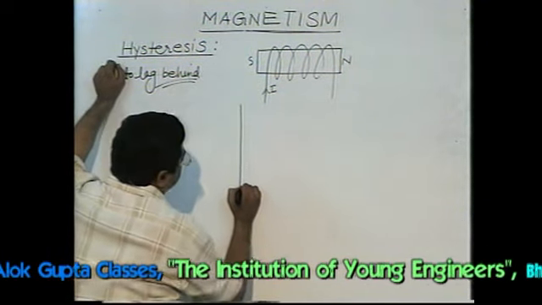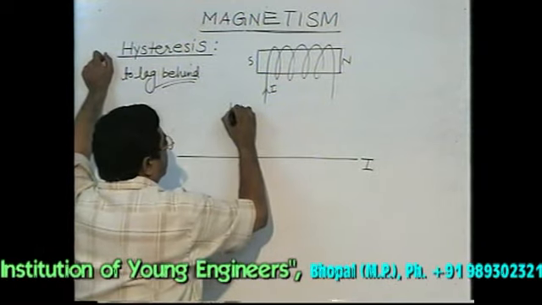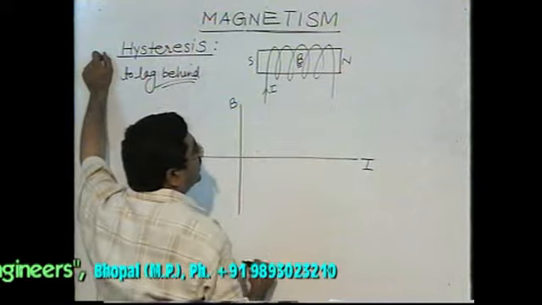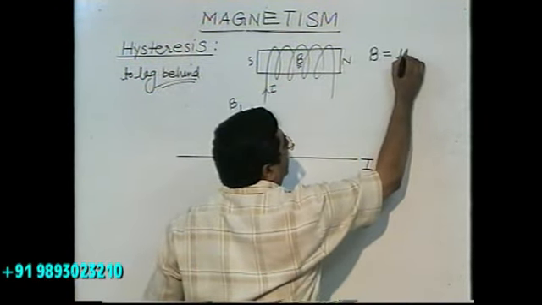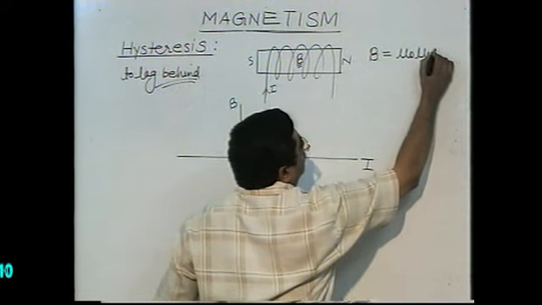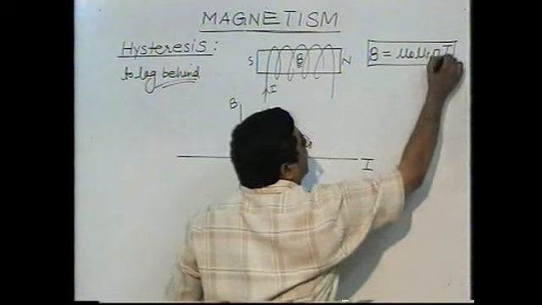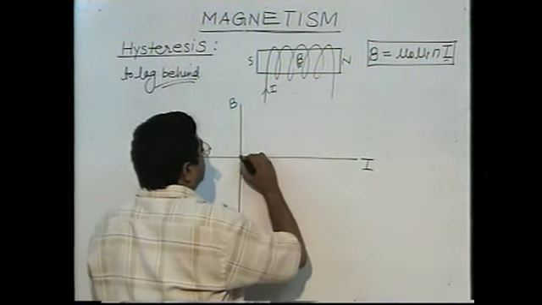As you increase the value of the current, the value of the magnetic flux density produced in this material also increases. Due to the solenoid, B is given by the formula μ0 μr n I. B is directly proportional to current. So initially when current is 0, B is 0.